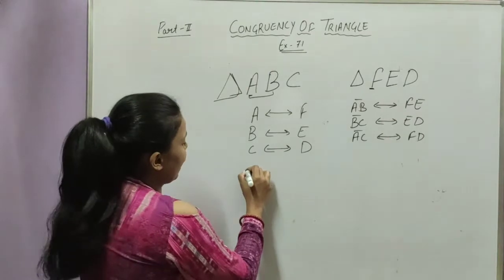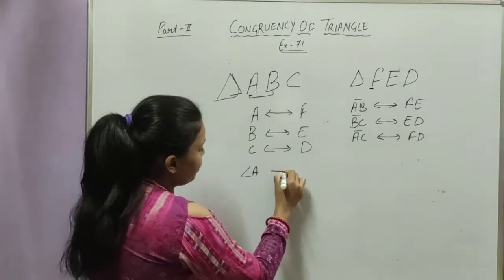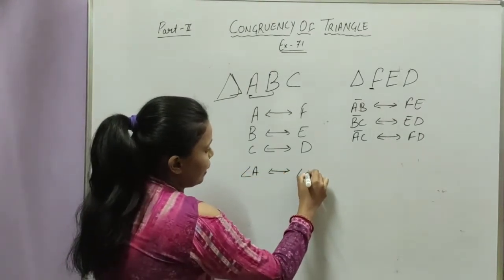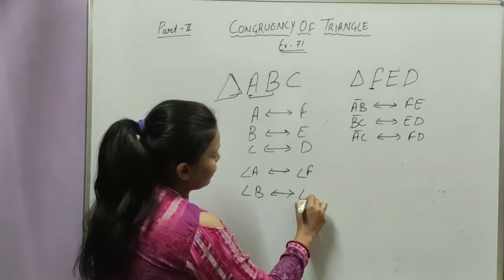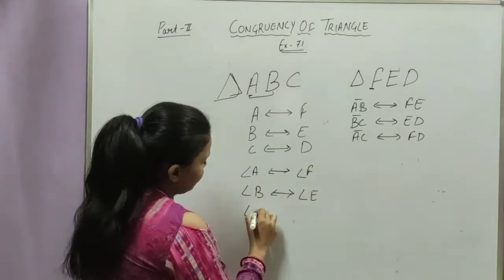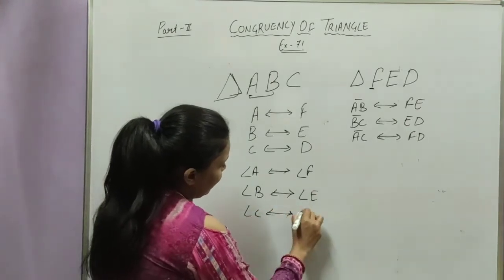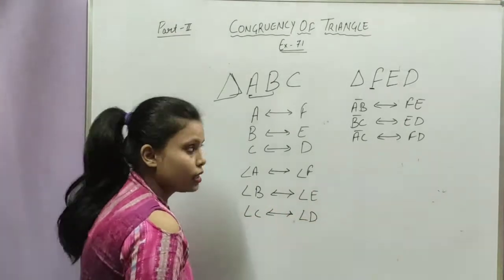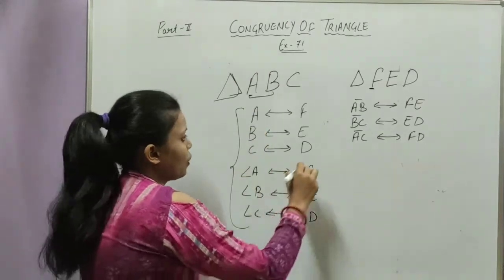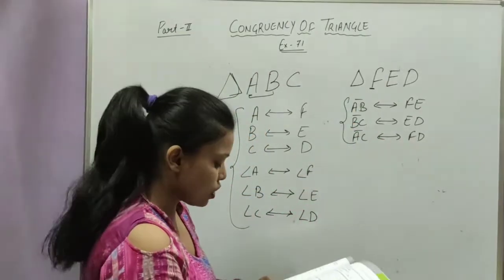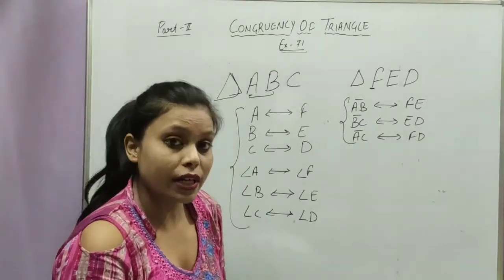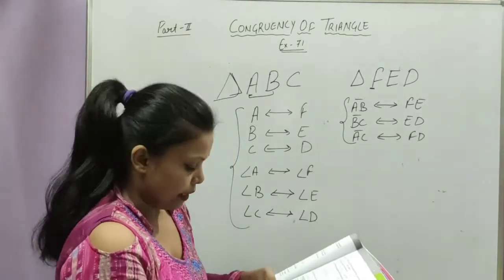Now let's come to the angles. Angle A will correspond to angle F. Angle B will correspond to angle E. Angle C will correspond to angle D. So these are the measures which you will write in question number 3, which are the corresponding congruent parts of the triangles.